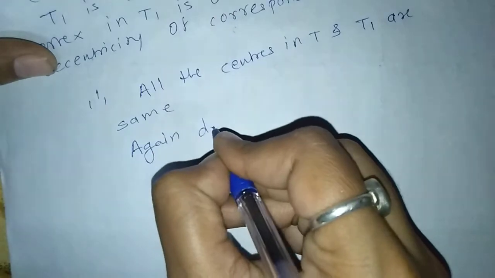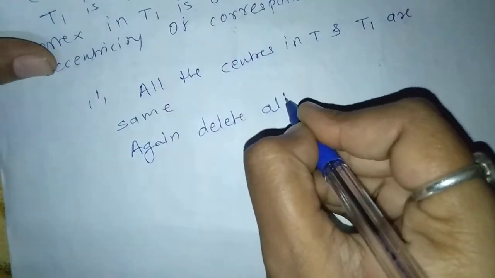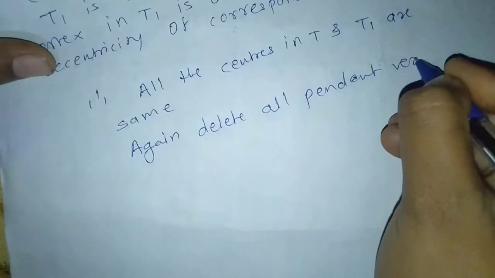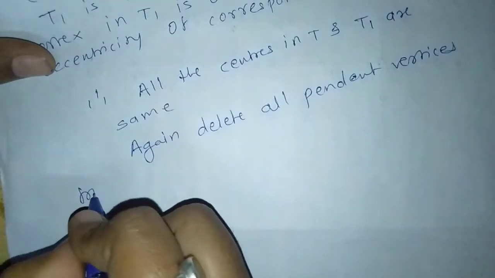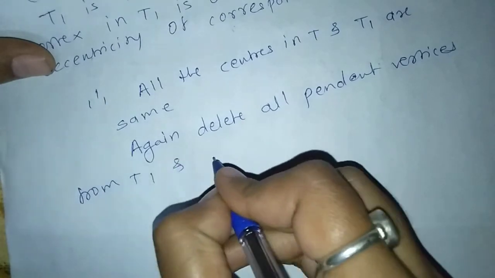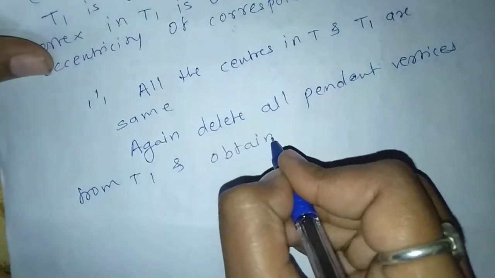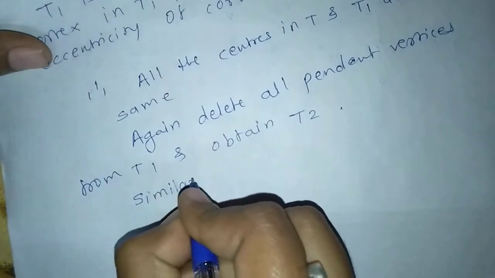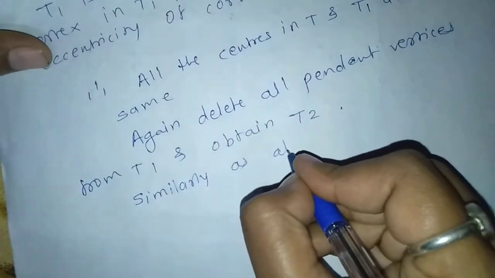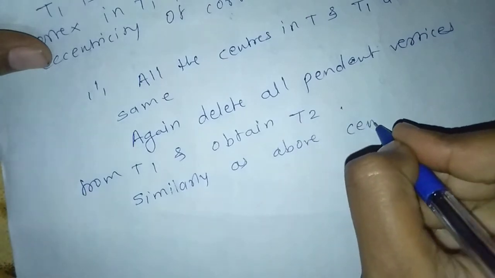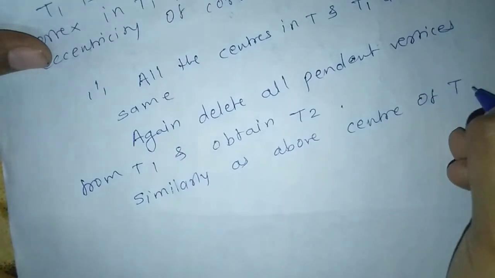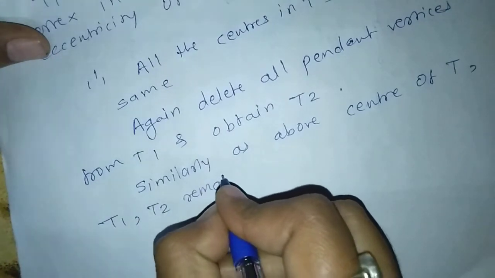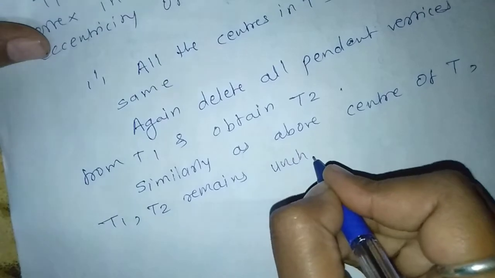Again delete all pendant vertices from T1 and obtain T2. Similarly as above, the center of T, T1, T2 remains unchanged.